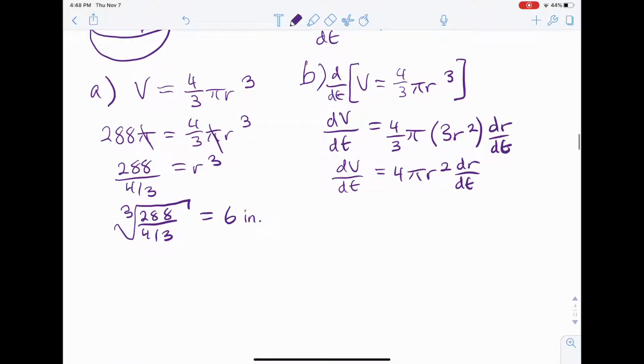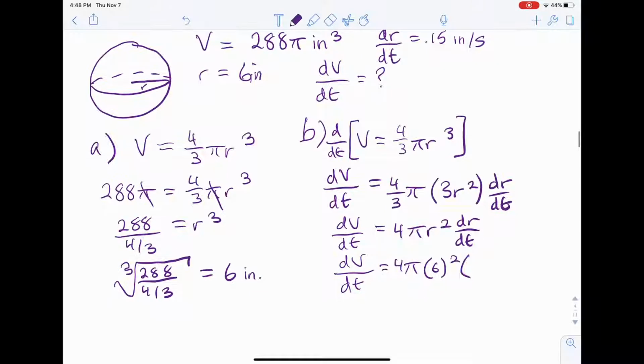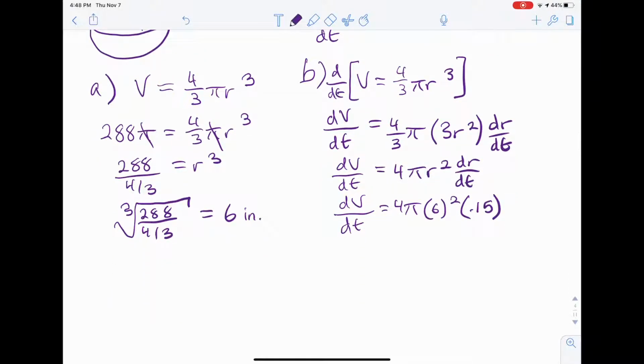So when we plug that in, we plug our numbers in that we have. dV/dt equals 4 pi times 6 squared times the dr/dt, which is 0.15. Once you calculate that out, 6 times 6 is 36, times 0.15 times 4 is 21.6 pi.